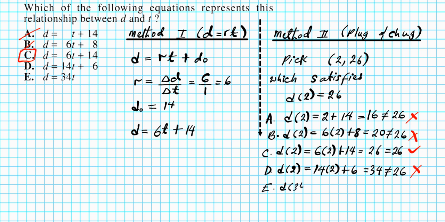Does that yield 26? Using 34t as the function, D of 2 is equal to 34 times 2. 34 times 2 is 68, which clearly is not equal to 26. That is a fail. We can clearly see that our answer is option letter C.